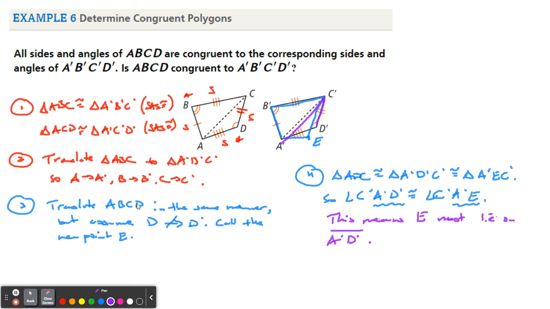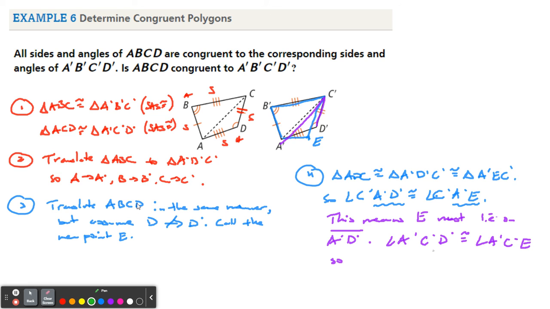Well, again, angle A prime, C prime, D prime is congruent to angle A prime, C prime, E. And if A prime and C prime line up, right? So E must also lie on CD. So again, over here, I'll use green.